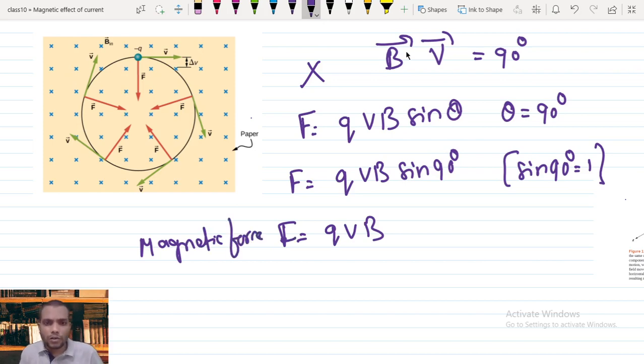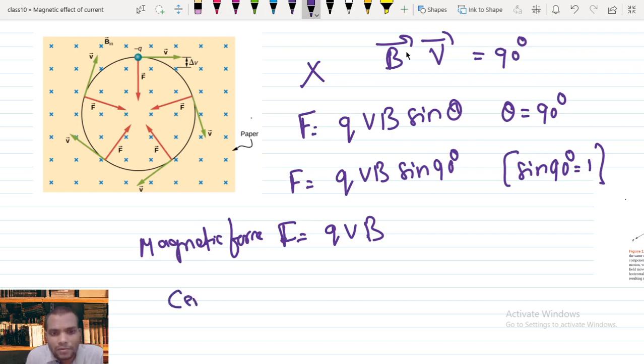Now this force causes the particle to move in a circular path. So that's where the charged particle moves in a circular path. Either an electron or a positron, any charged particle you take, it moves in a circular path. So when any object moves in a circular path, that object will experience a centripetal force.